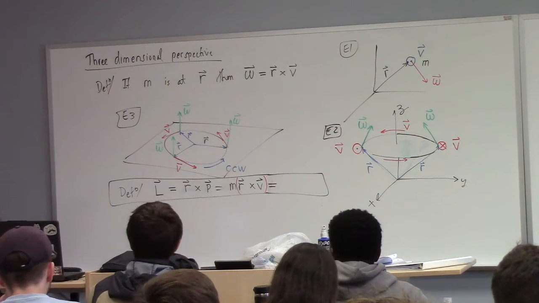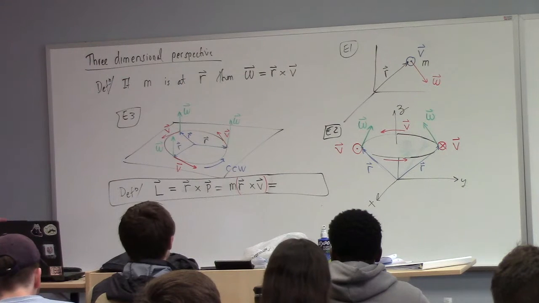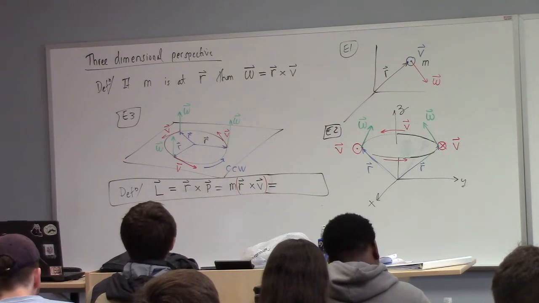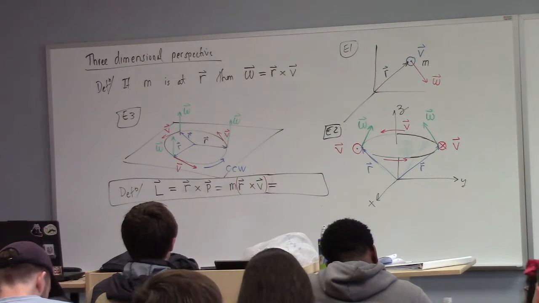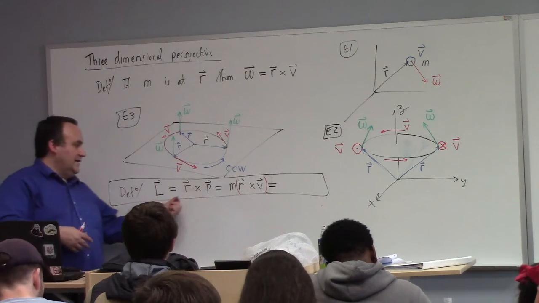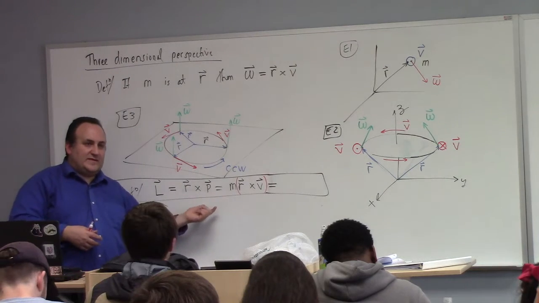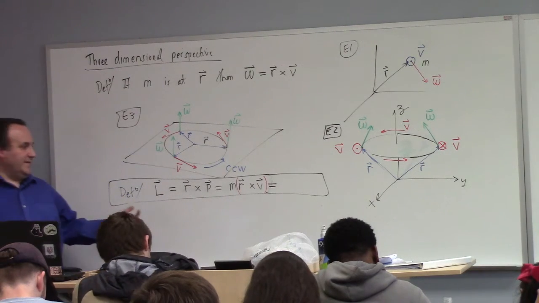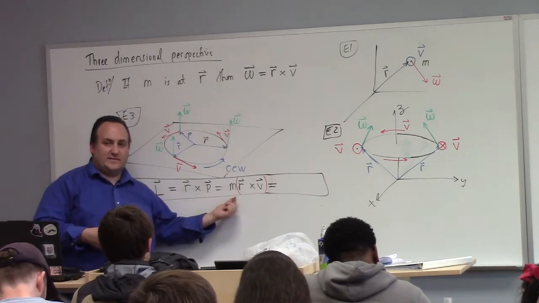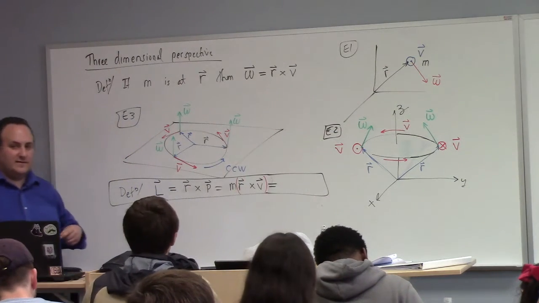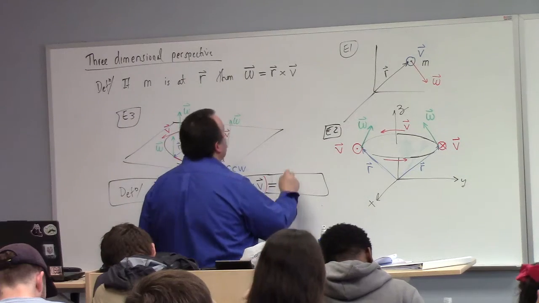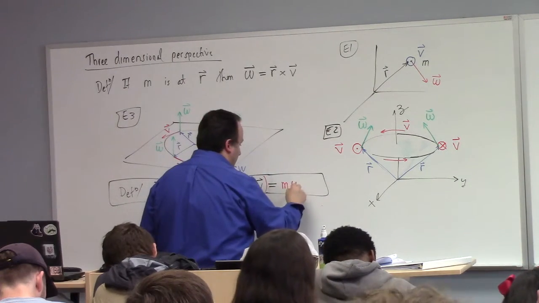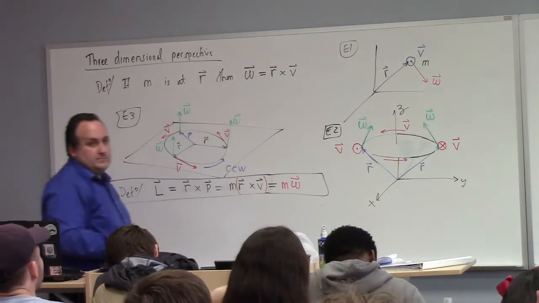The deeper reason is for the equation I'm about to write. You want to write formulas for angular momentum is the larger point here. So there's different formulas. If you knew the momentum and you know the position, well, position cross momentum is angular momentum. On the other hand, you could write it as mass times position cross the velocity. On the other hand, you could write it as mass times omega, apparently. Yeah?